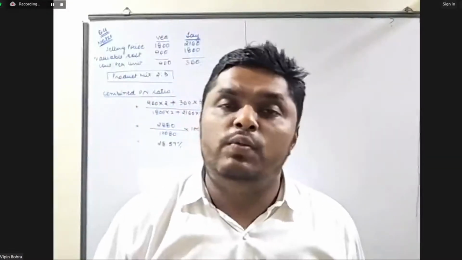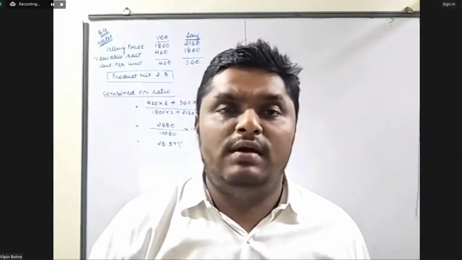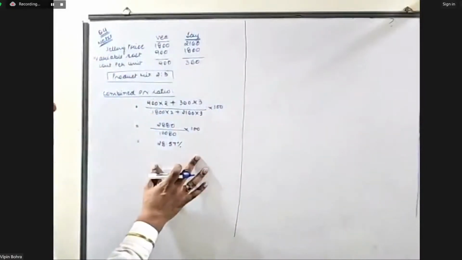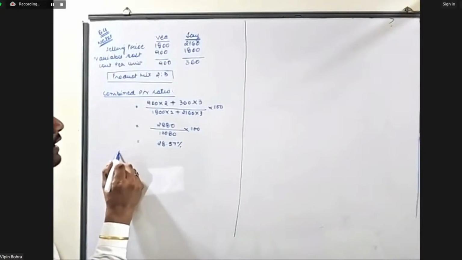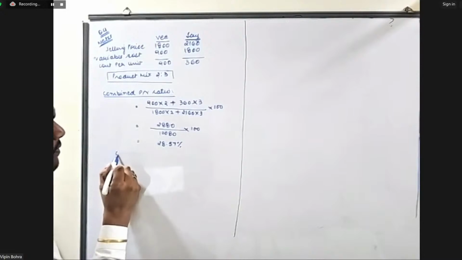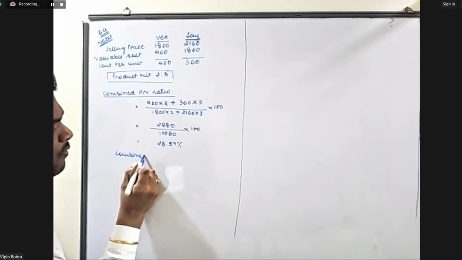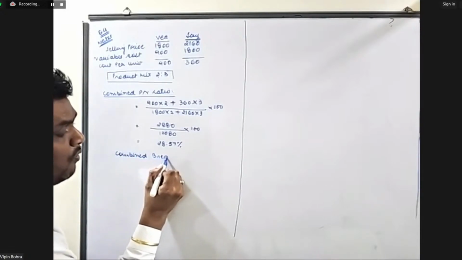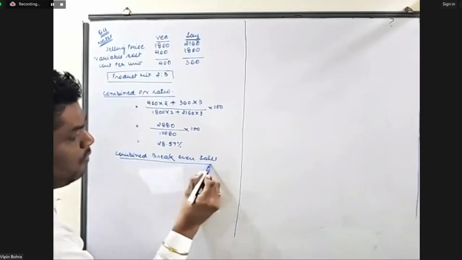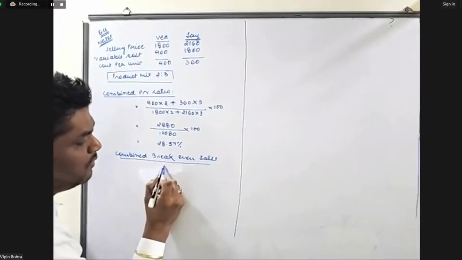So if a particular company is manufacturing two or more than two products, and the fixed cost is given in aggregate, to calculate the break-even sales, we have to first calculate the combined PV ratio. So this is my combined PV ratio. Now we can easily calculate the combined break-even sales. That is my fixed cost.